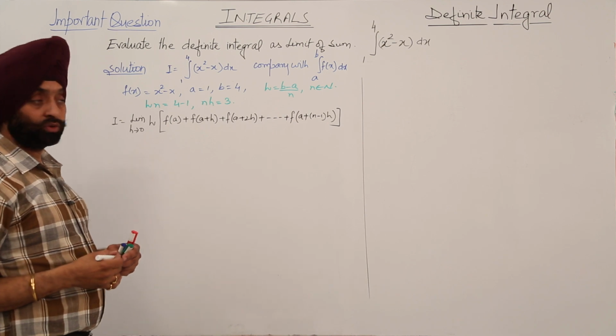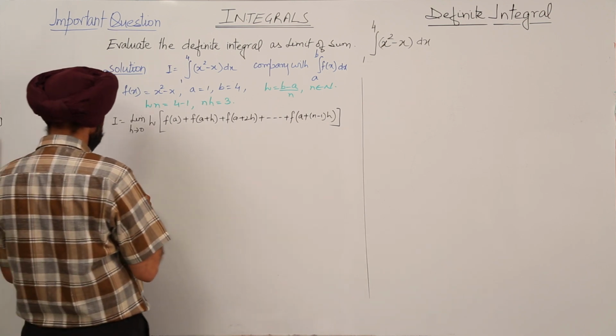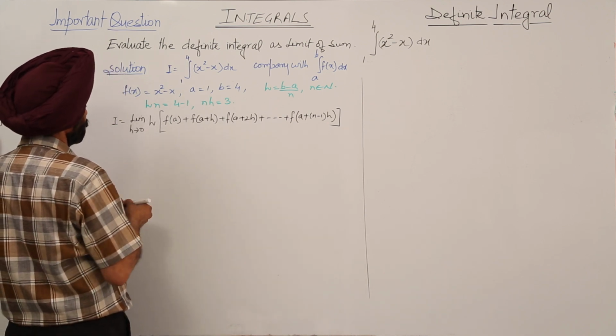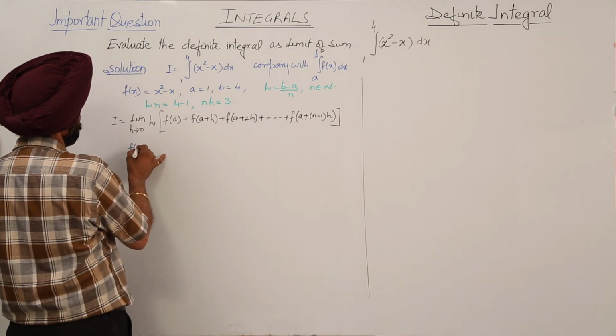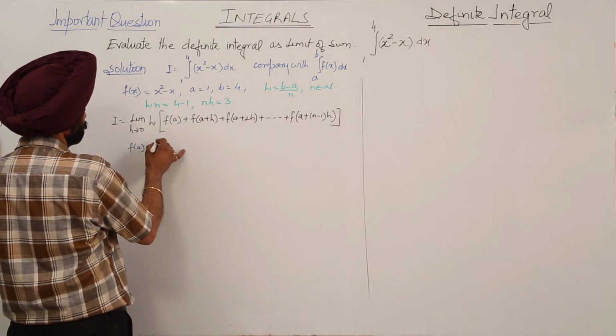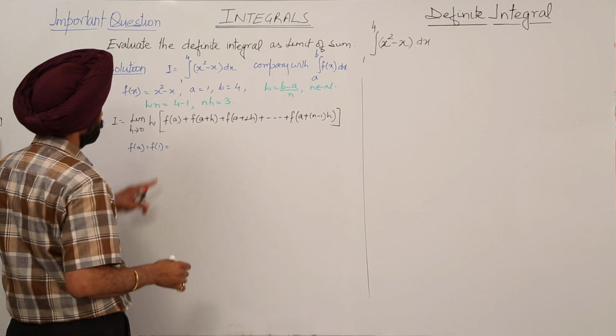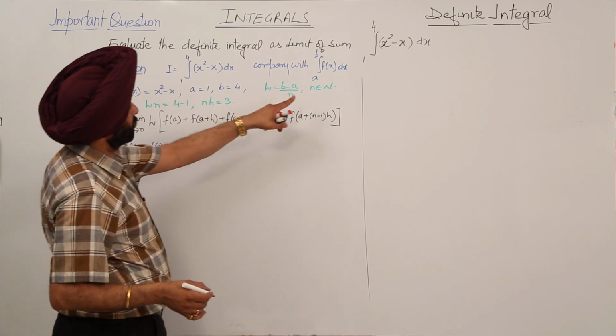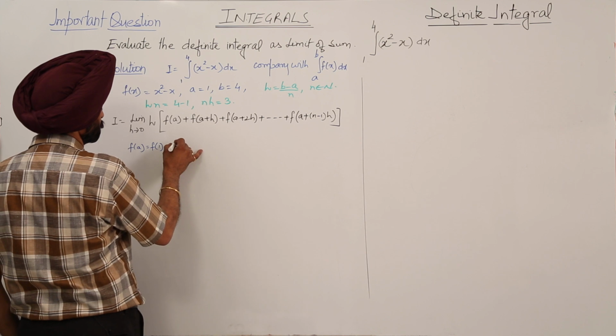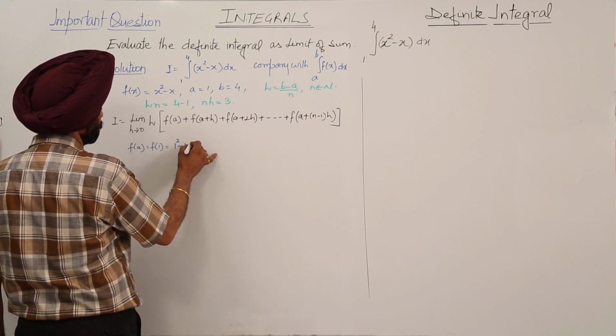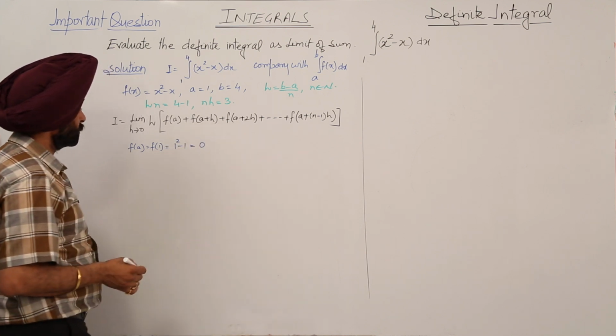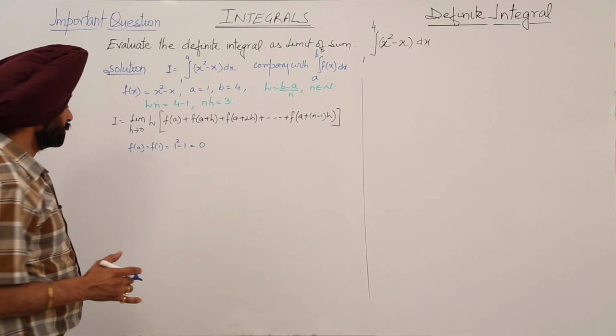Now going individually for the terms. f(a) is equal to f(1), and f(x) is x square minus x. So it becomes 1 square minus 1, which is equal to 0. First term is 0.